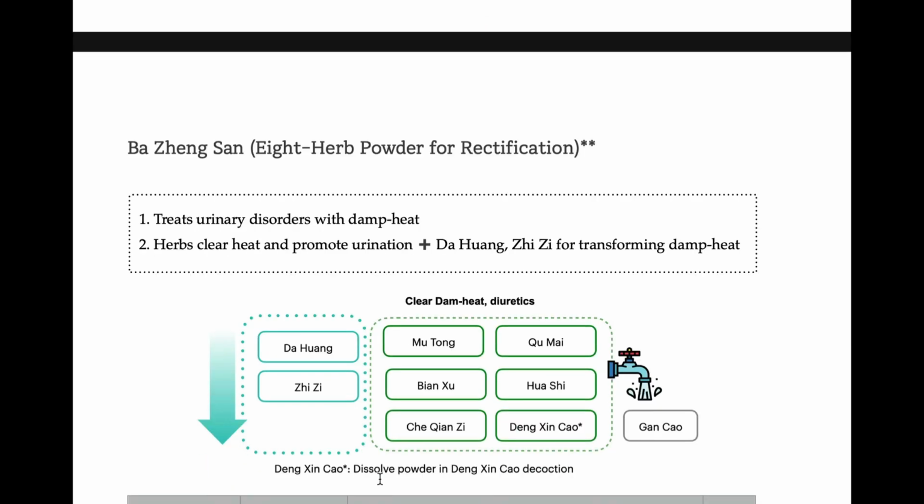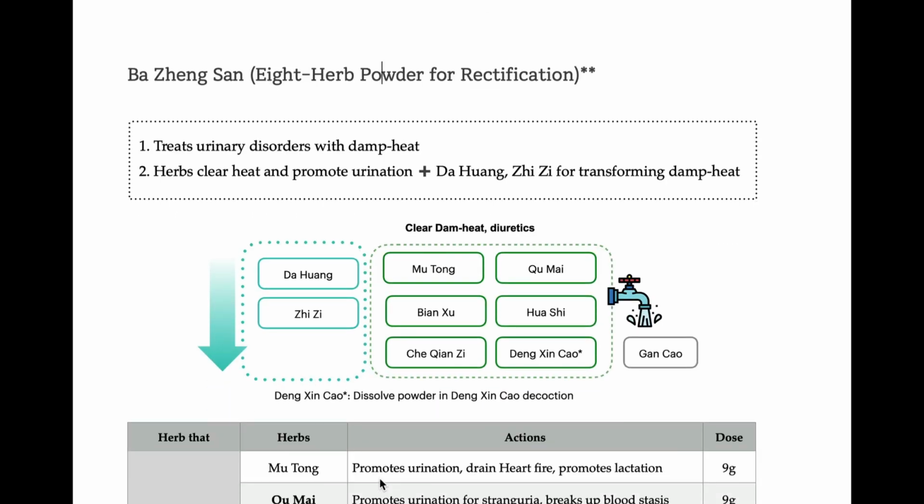And Bazhengsan, you should remember antibiotics. The board examination may ask you in many different ways, likewise, the patient has acute prostatitis or a urinary infection or is taking amoxicillin. They can ask in many different ways, but what does that mean? The patient has inflammation and infection, then it's Bazhengsan. Not 100%, but 90%.